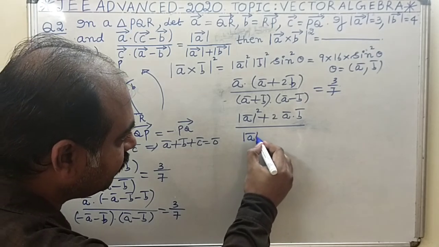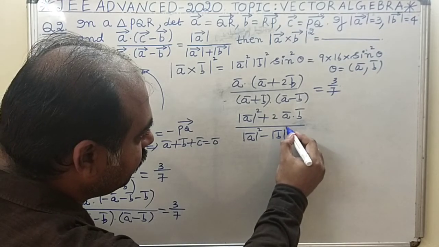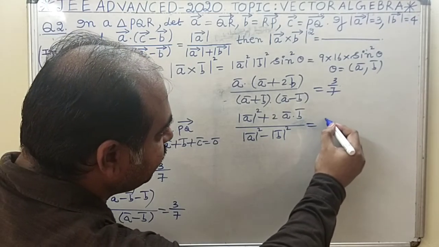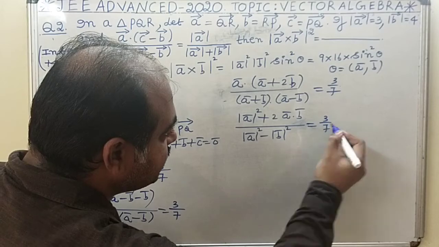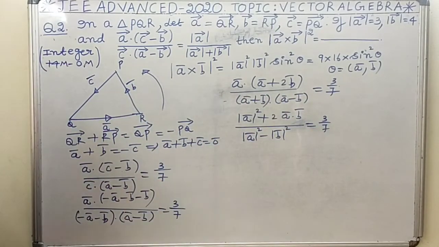This is a well known formula. Modulus A bar square minus modulus B bar square is nothing but 3 by 7. This has resulted in the A bar, B bar relation. Now you know everything.